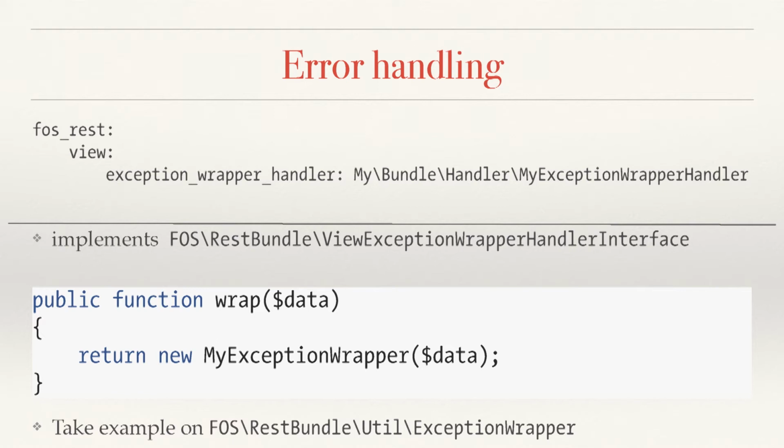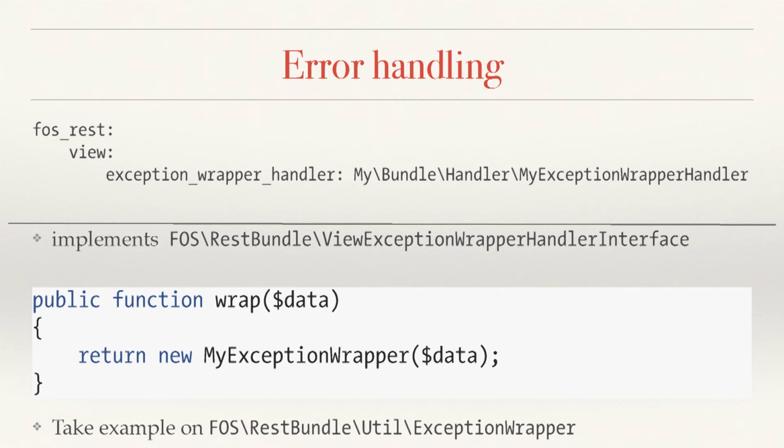You can also use the wrapper. Very nice, actually. If, let's say, your consumer wants to always get the same JSON, let's say code, message, and I don't know, the date or the time. With the wrapper, by implementing this, you make sure that you always return the same JSON or the same XML or something like that.